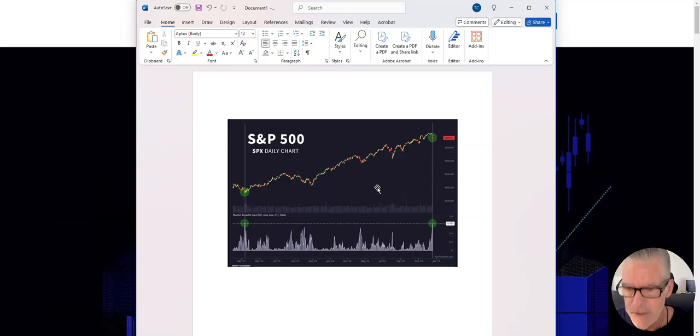63% of all stocks in the S&P 500 are trading lower than the all-important 50 period moving average, which is roughly a quarter of trading. Stocks trading below their quarterly average, that's not a good place to be. That's a bearish place to be. When that number gets really high, we tend to see that coinciding with a near-term bottom in the market.